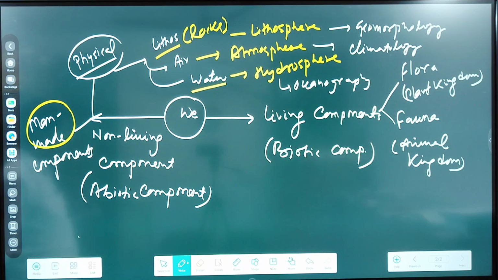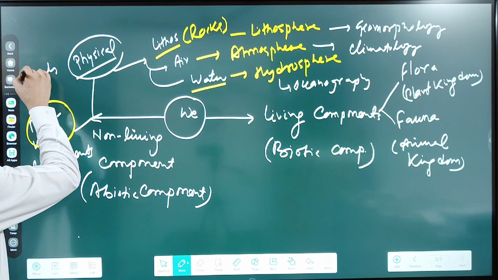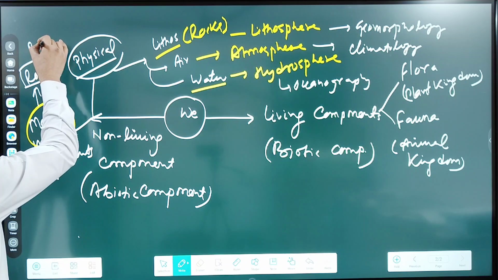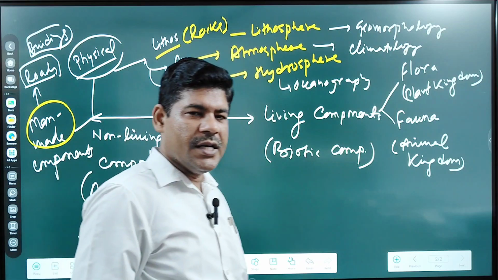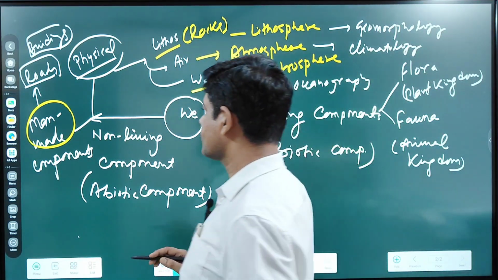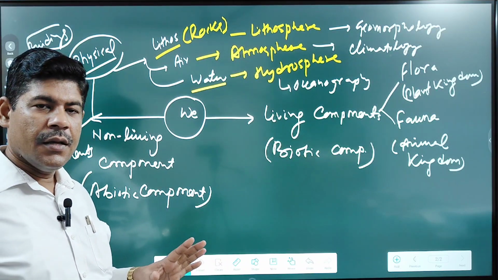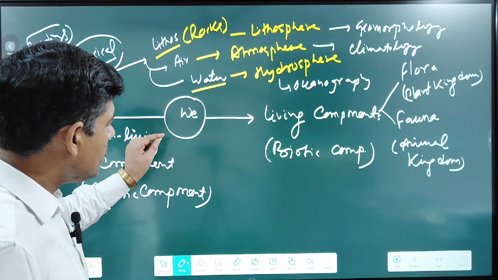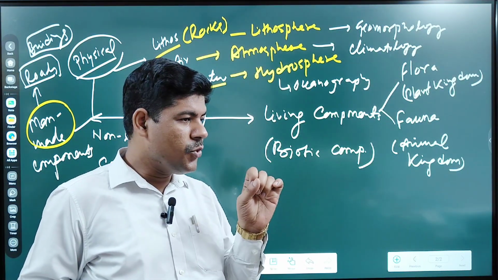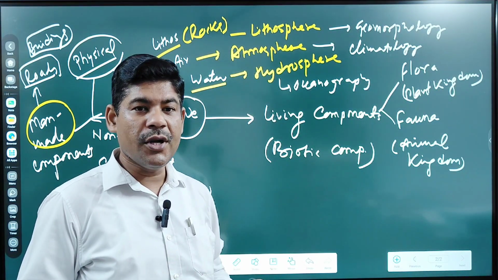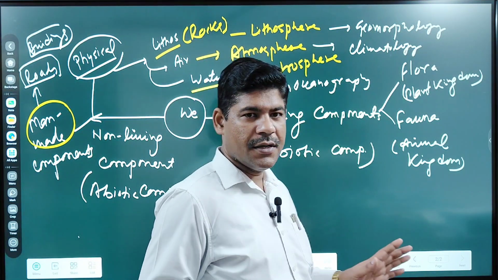And man-made. What is man-made? For example, roads, buildings, etc. Schools, monuments. Okay. This is our environment. Okay. When we study about ecosystem, then a component named as energy component relates both biotic, abiotic.